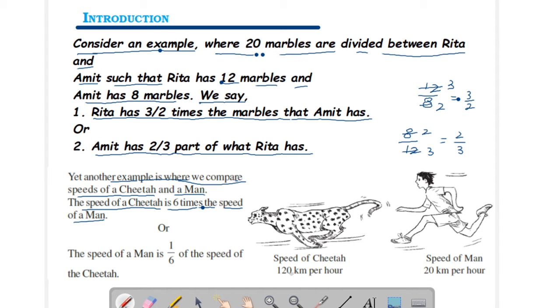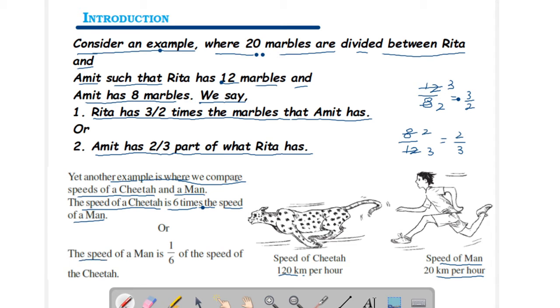See in this figure, the speed of the cheetah is 120 km per hour and the speed of the man is 20 km per hour. If you compare, 120 is 6 times 20, that is 6 twenties are 120. It means the speed of the cheetah is 6 times the speed of the man.